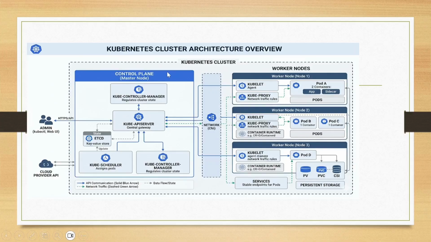You can think that the first one is the control plane, the second one is the worker node, and here you can use kubectl, or you can use a web UI too. So when you run a kubectl command, its request goes directly, using HTTPS API calls, to the kube API server.